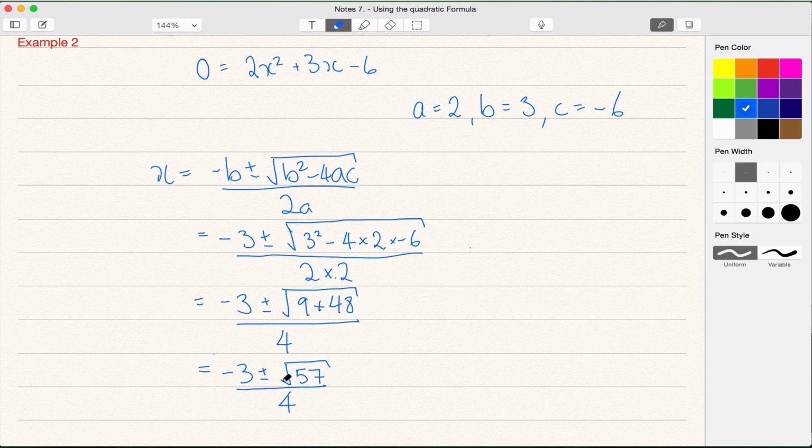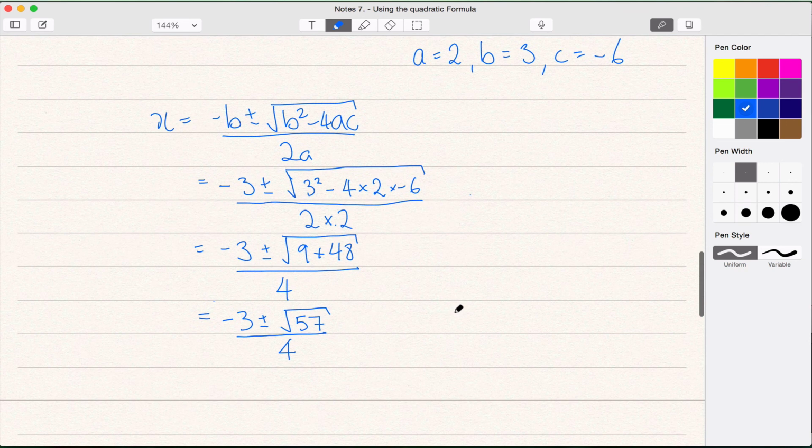And here's one of those surds I was talking about. Square root of 57, or 57 is not a square number, so we can't easily square root it into a whole number. So what we do is we just leave it like this. And these are our two solutions. You can write your solution simply like this and stop here, or you could write it out with the two solutions.